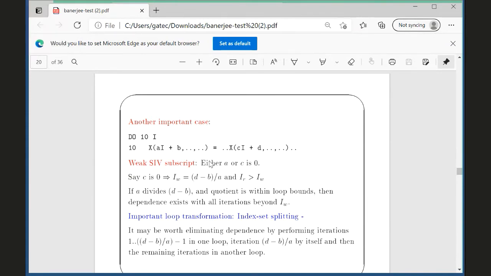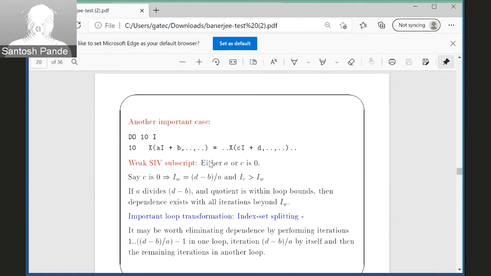The dependence is there with a very large distance, and so this can be eliminated by using some transformation on the loop. So what is going on here?